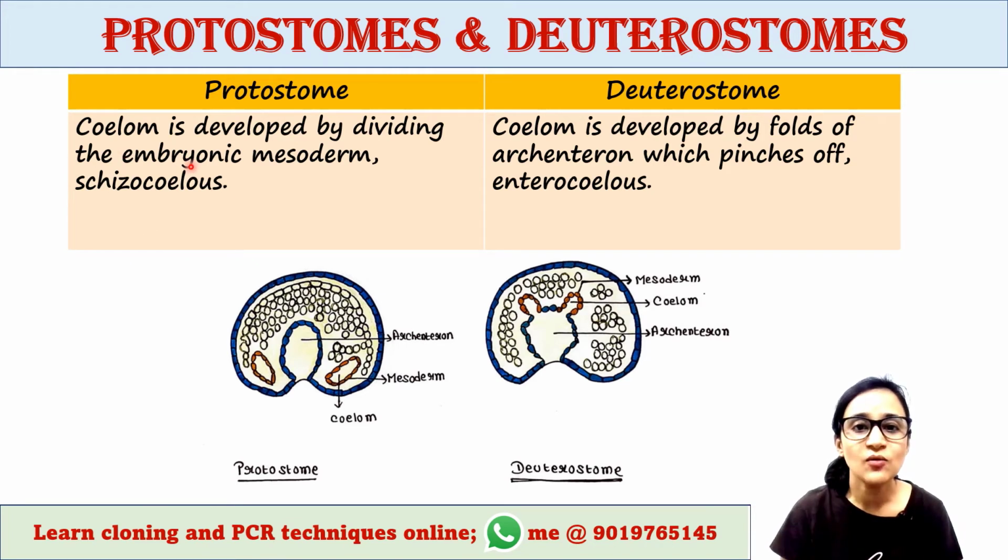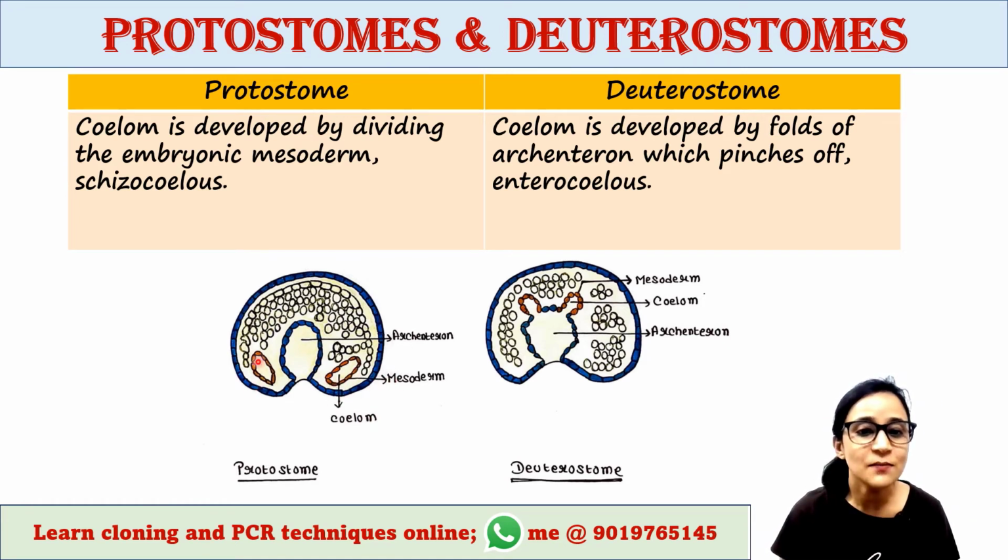The coelom, or body cavity, of protostomes is developed by splitting of the embryonic mesoderm. Hence, they are known as schizocoelomates. So, see this picture. This is the embryo. Here, this is the mesoderm.